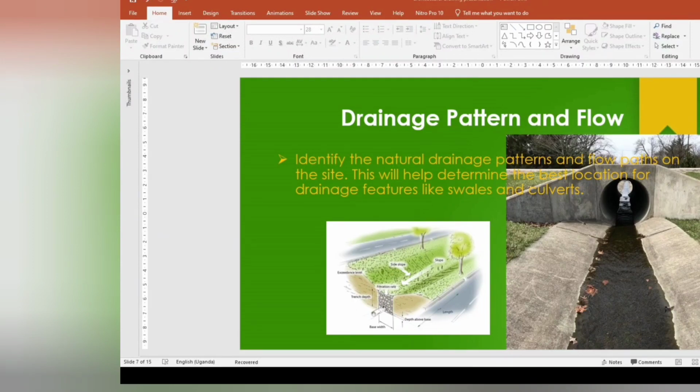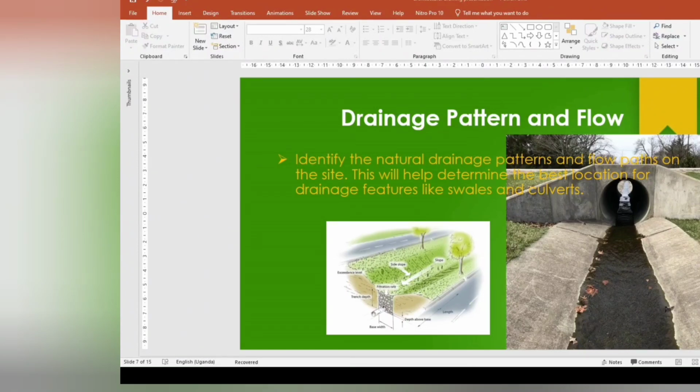Next, we have permeable surfaces. It is another important feature or thing we need to study before we prepare a drainage plan.